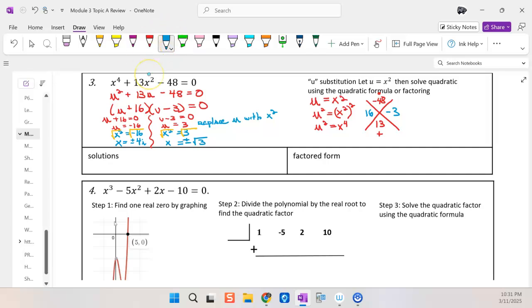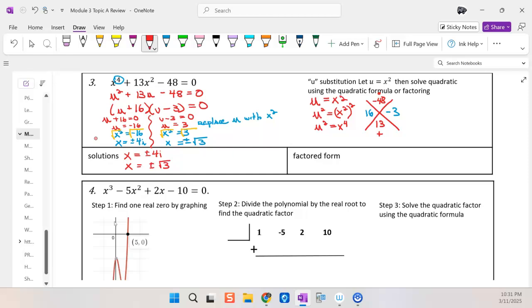Okay, so I'm going to have 4 roots because that's what that exponent tells me I should have. And my roots are going to be, 2 of them are plus or minus 4i, and the other 2 are plus or minus root 3.